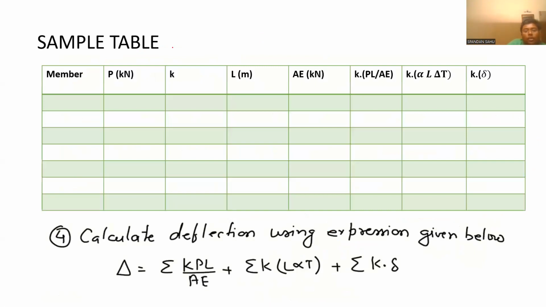Now, this is the table I was talking of in that procedure. So here the members, like suppose you have a truss like this, and here a hinge is there, and one roller is there, and let this 10 kilonewton be the external load here, and 5 kilonewton be the external load.